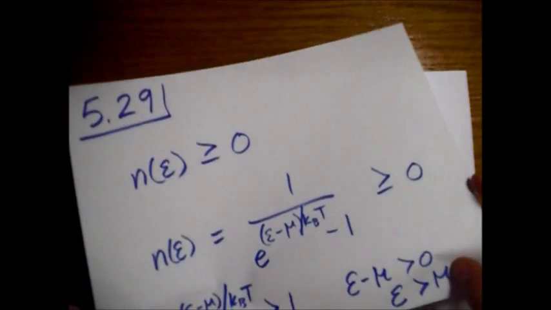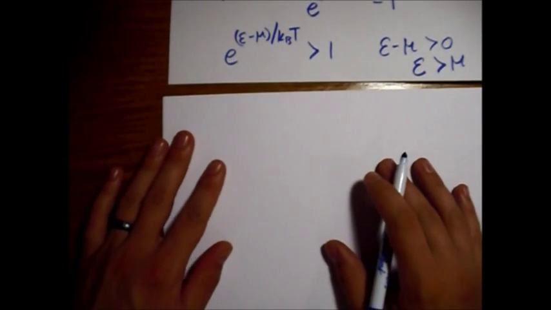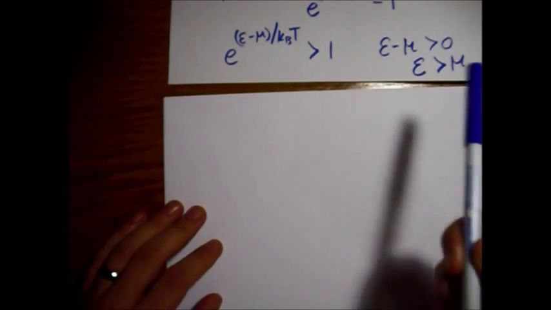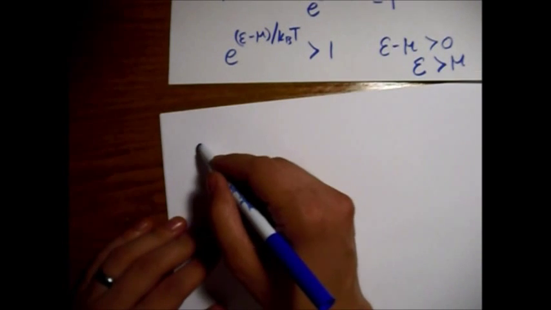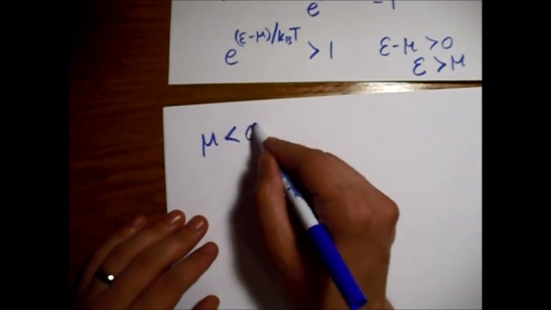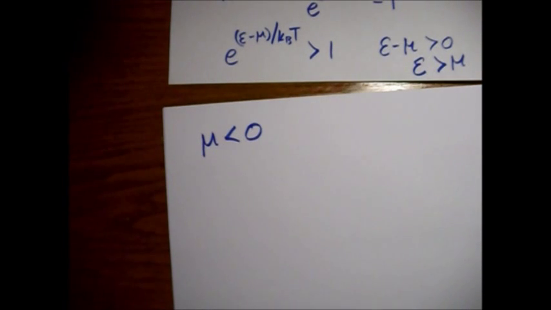Okay, so for part B, he gives us the example. For the ideal Bose gas, mu is actually less than 0 for all temperatures.